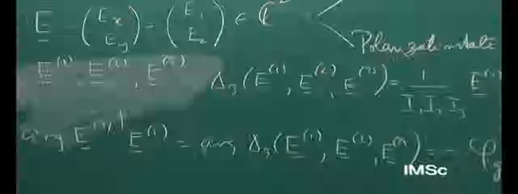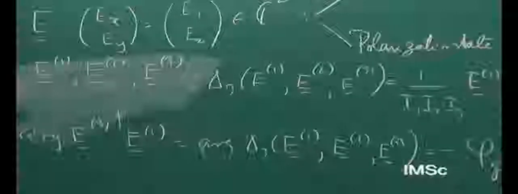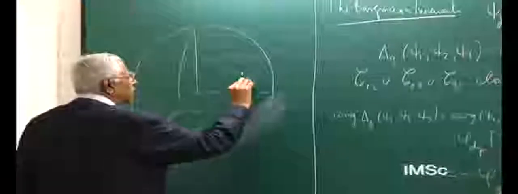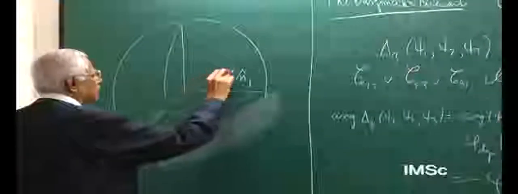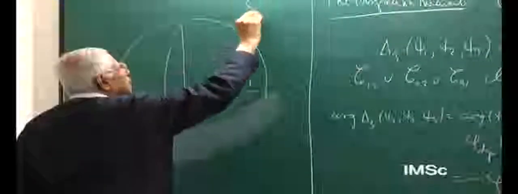I agree. So the polarization state of E1 is represented by some point N1 on the Poincare sphere. So this is S2 Poincare.